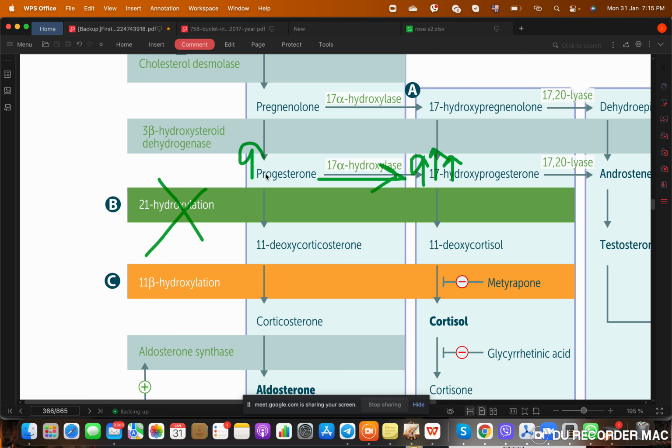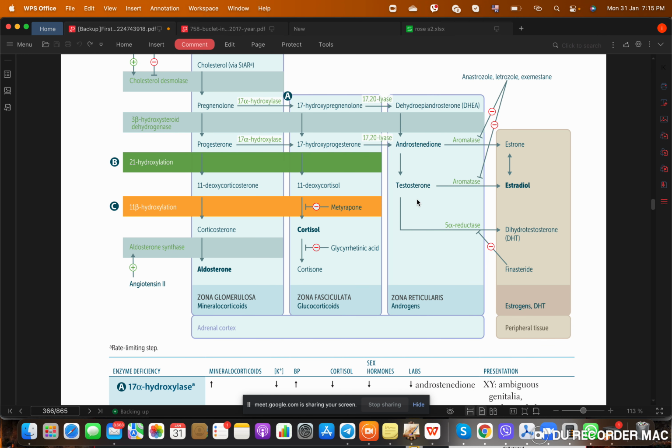It just gets converted, and thus this one is going to be much higher than that one. So in case of 21 hydroxylation deficiency, which controls this step and this step, we will have much higher 17 hydroxyprogesterone than progesterone.